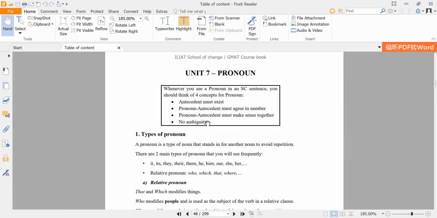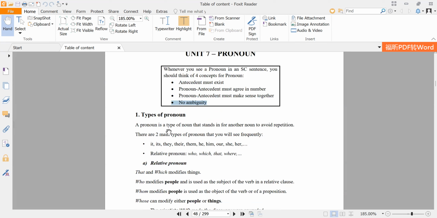So don't jump right away to eliminate the answer choice just because the pronouns are ambiguous. Try to find other errors first, and then if you can't find anything else, you can resort to ambiguous pronouns to eliminate answer choices.